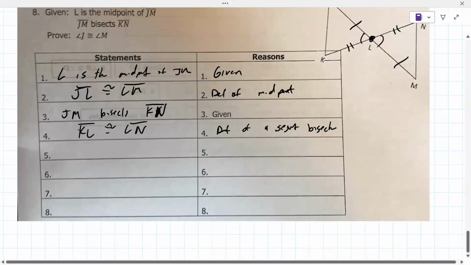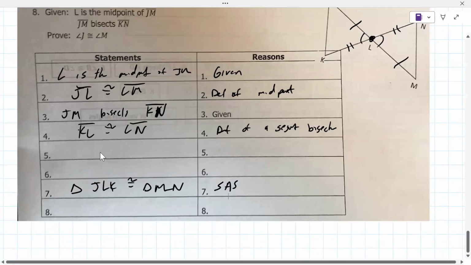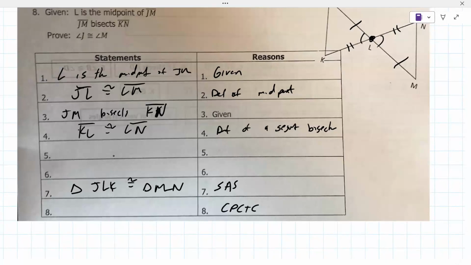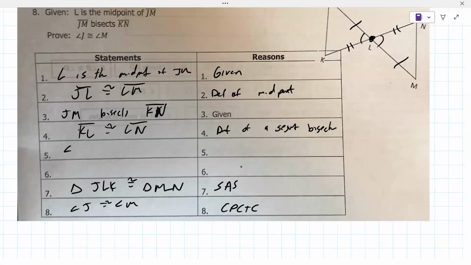And it does kind of look like that because to prove that triangle JLK is congruent to triangle MLN using side angle side, it looks like they leave you two places for that, because this is CPCTC for angle J congruent to angle M. So it looks like you have to first say that angle JLK and angle MLN are vertical angles. And that's the definition of vertical angles.